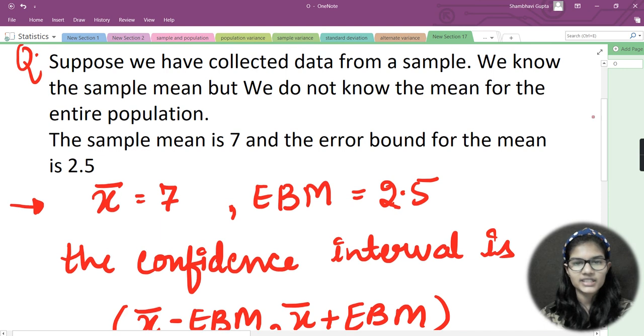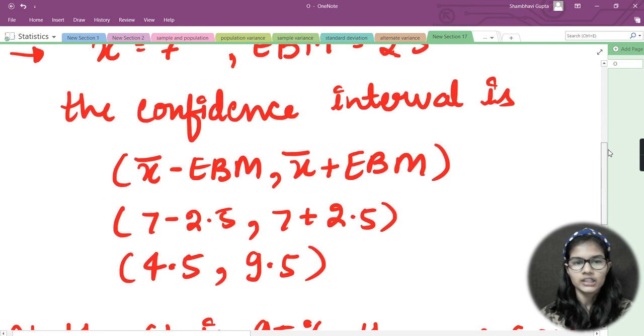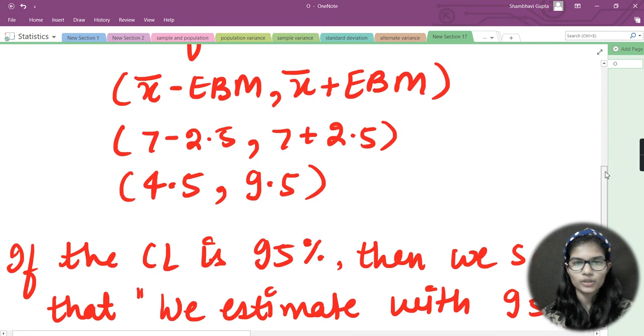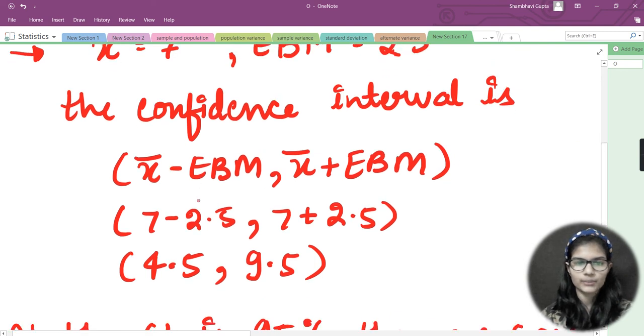This is how we solved a very simple question. Here we were given everything. What we simply need to do is apply the form we had seen, x bar minus EBM, comma, x bar plus EBM, and compute the values 4.5 and 9.5.